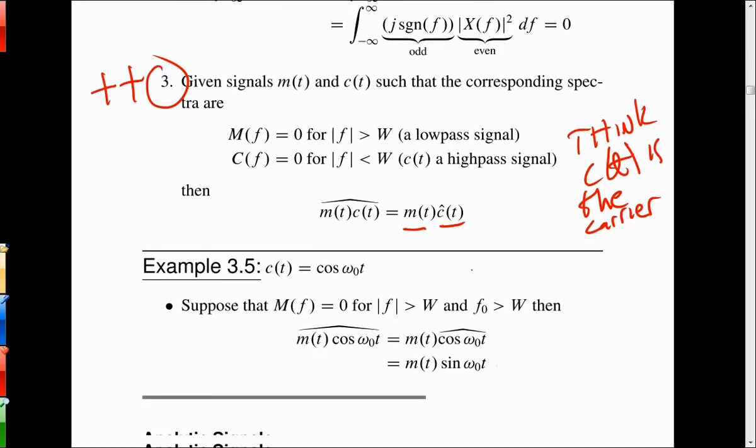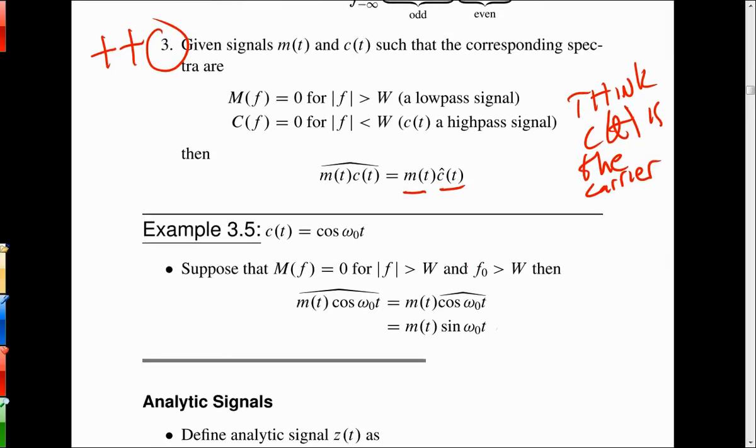So the most common application would be in a modulator, let's say where we're doing something with the Hilbert transform identities.